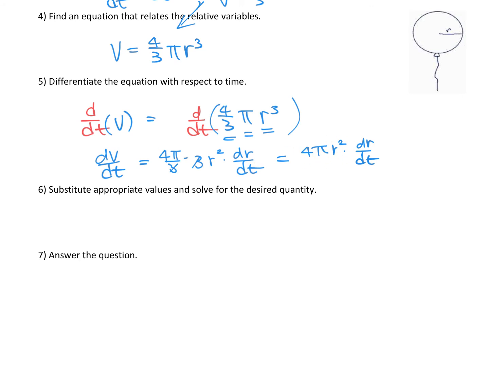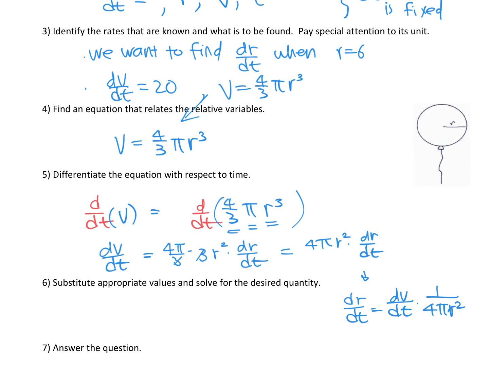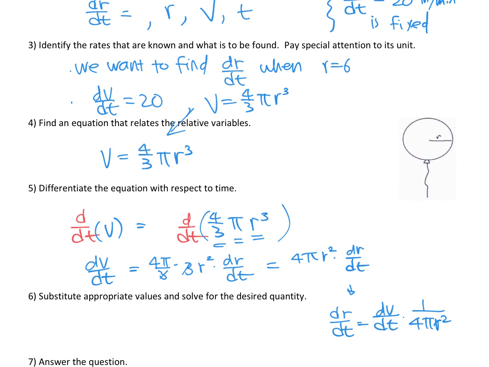So maybe take one more step. dr/dt is dV/dt times 1 over 4 pi r squared. So I started with dV/dt from here is equal to all this. That's that. But eventually I want to solve for dr/dt, right? That's what we want to find, dr/dt. That was the thing.